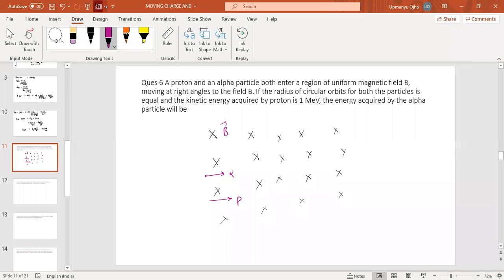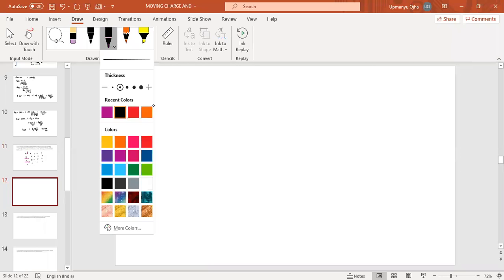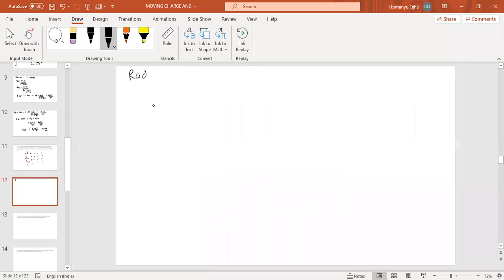Now, can we find the radius of the particle? The radius of the charged particle will be equal to mv by Bq.